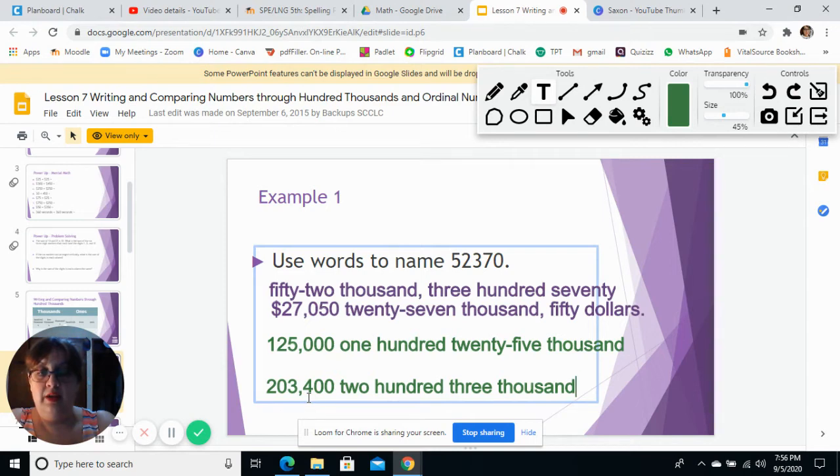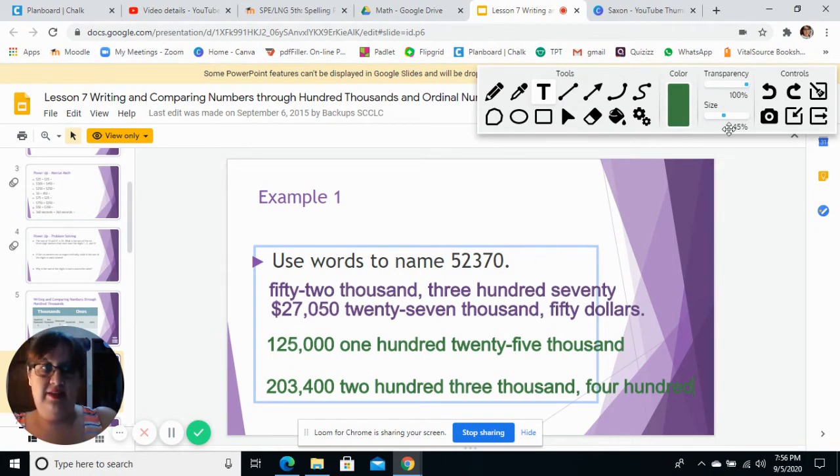Now our comma, and then 400. Hey, does that make sense? I sure hope so. It's a lot of numbers and a lot of writing, but once you get the hang of it, it makes a lot of sense.